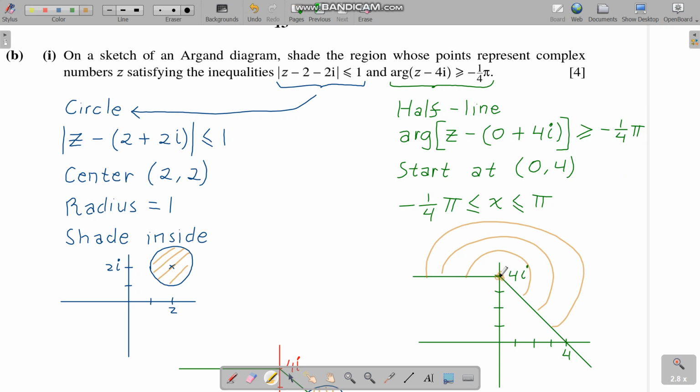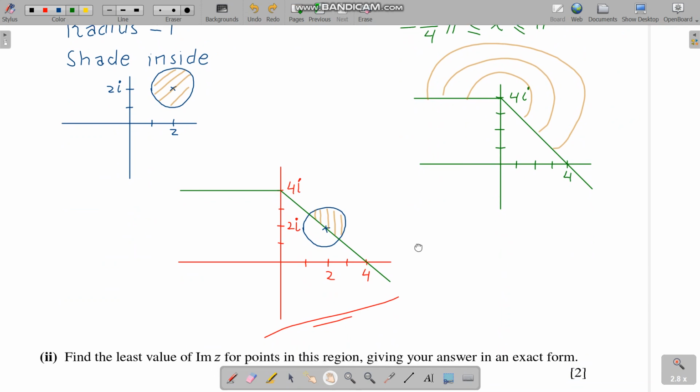Starting from (0, 4), the angle is from minus pi over 4, around here, to pi, which is around here. So that's what we shade. The intersection: if we combine both loci, we have the circle. We have to label the center of the circle and make sure the radius is 1, and the half line starting here.